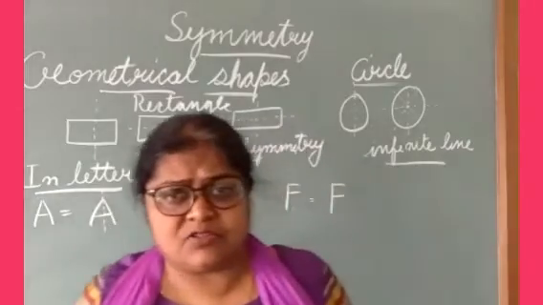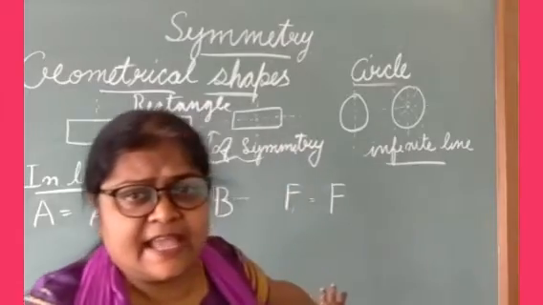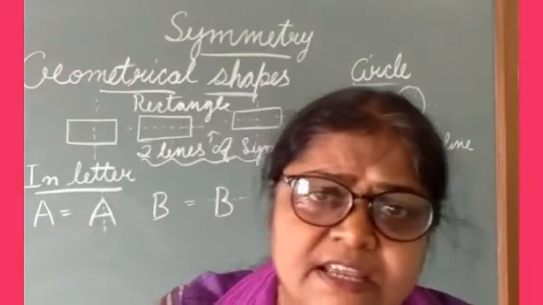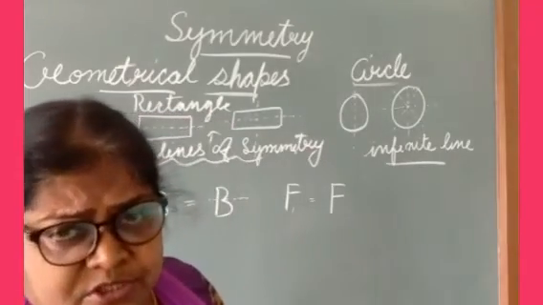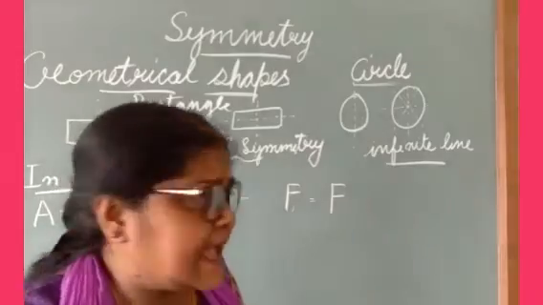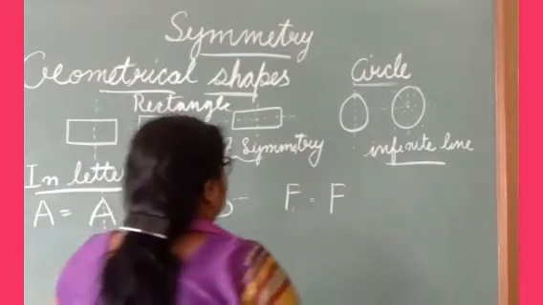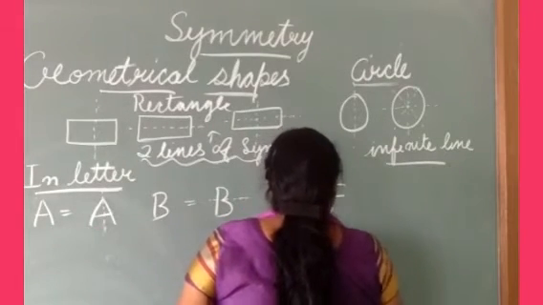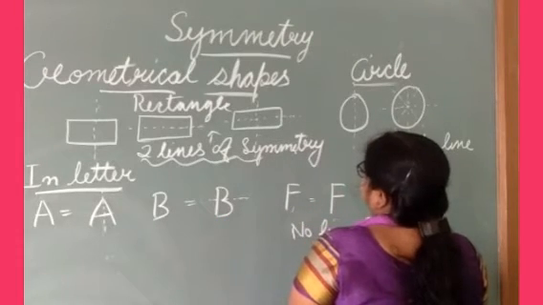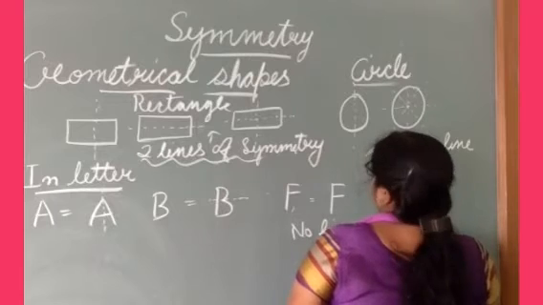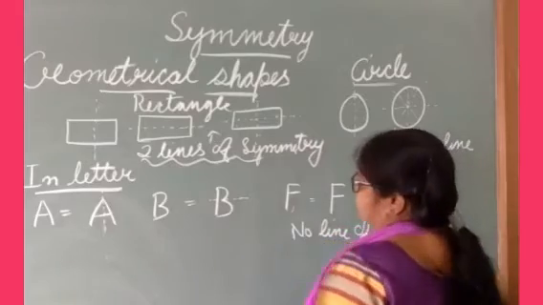So letter B also has one line of symmetry. But in letter F, we can't divide it. Why? Because both sides will not be the same. So you can say that letter F has no line of symmetry. So what will you write here? No line of symmetry.